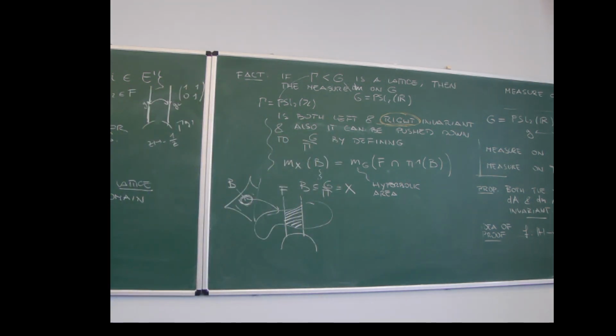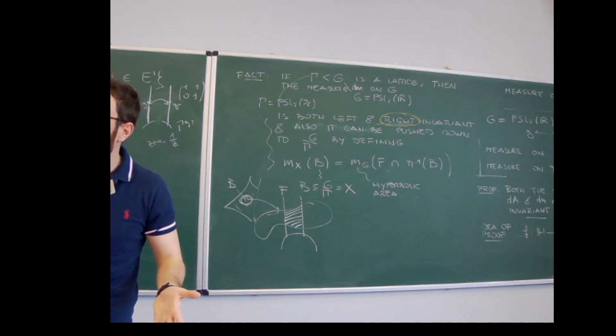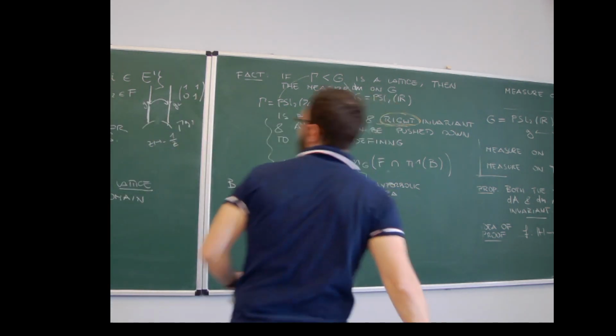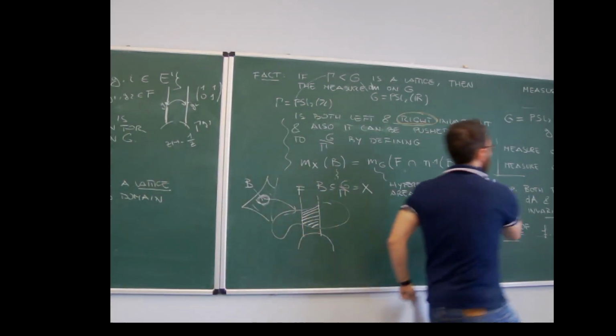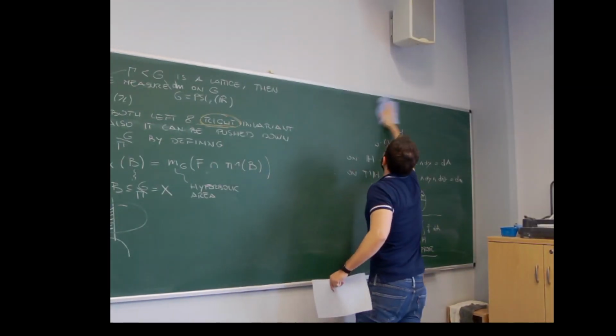But I don't want to go into this now because I don't have time. So finally, the last thing that I want to state is what I've promised you, this Dani correspondence, which has been hanging from the very beginning. So let's erase this.